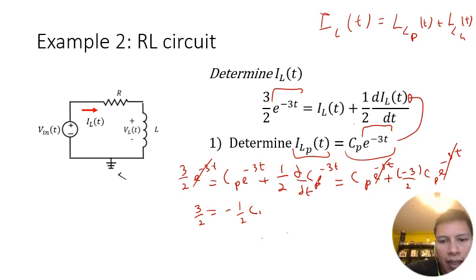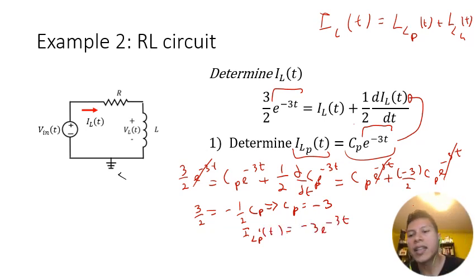And that gives us that CP is equal to negative 3. Okay, so now we know that I_L particular of t is equal to negative 3 e to the negative 3t. So the next step is to find our homogeneous solution and use the initial conditions.